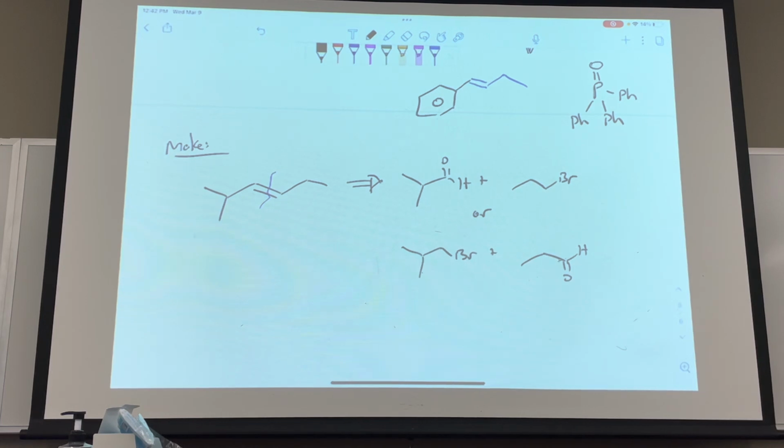Either one of those should give us the product we're trying to make, because all that's going to happen is the carbonyl carbon is going to be joined to the carbon that had the halide through a double bond.